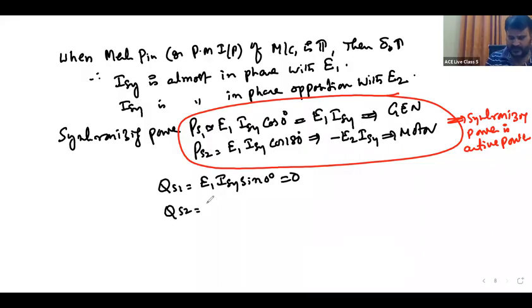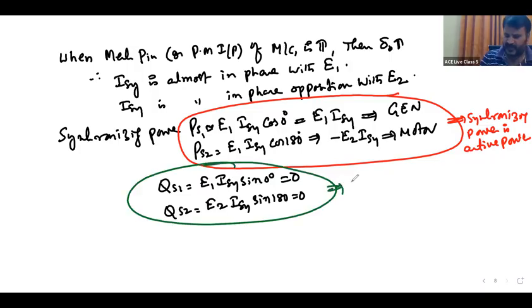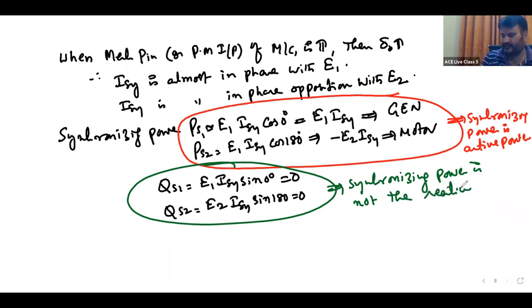But QS2 is equal to E2 into ISY sin 180. It is also equal to 0. Therefore, synchronizing power is not the reactive power. That is only active power. Synchronizing power is only the active power. It is not reactive power. These statements are fixed.